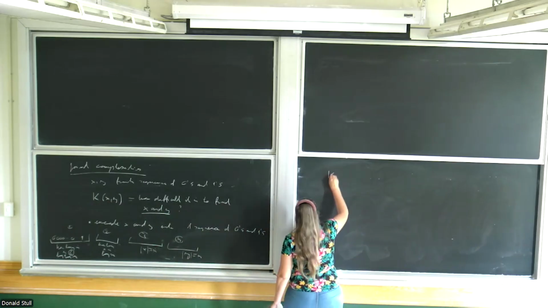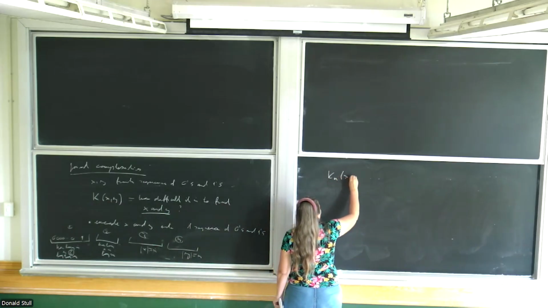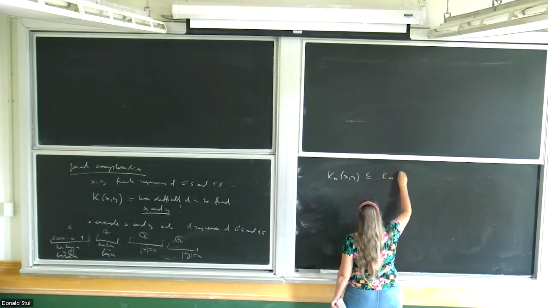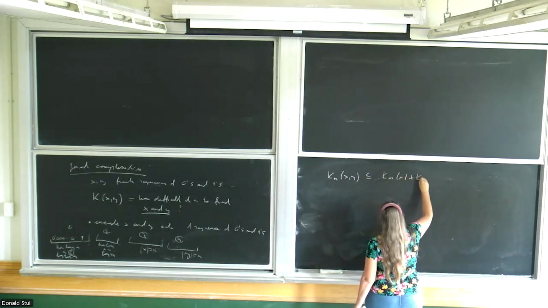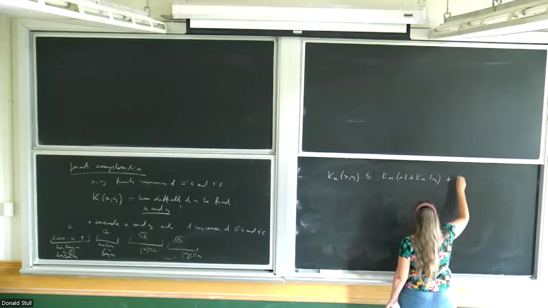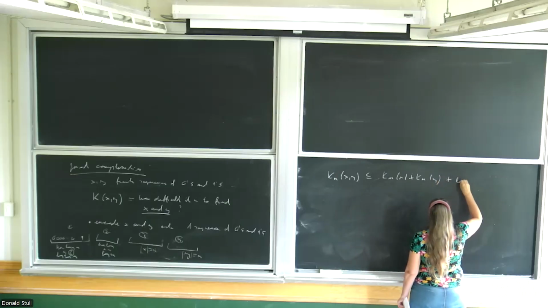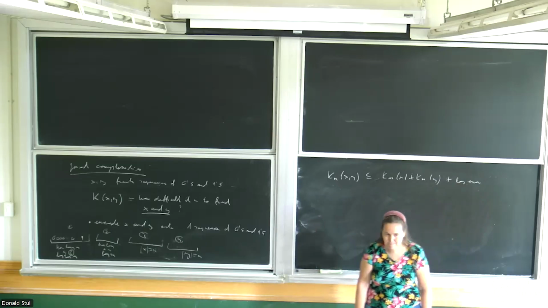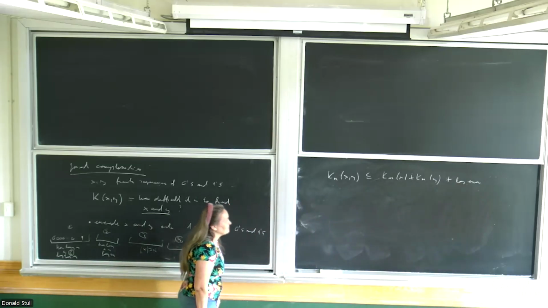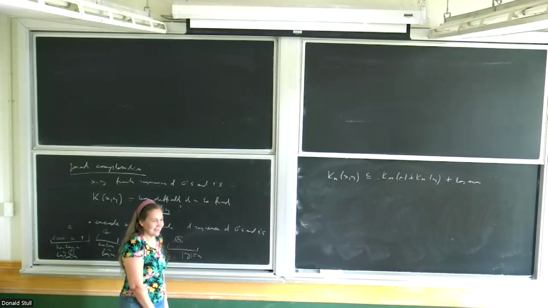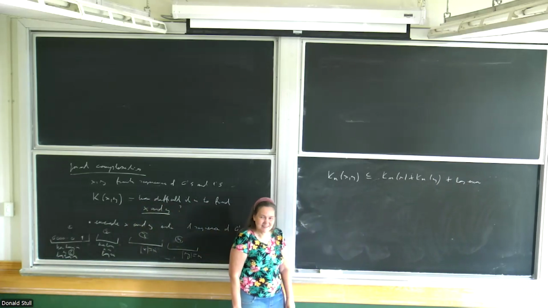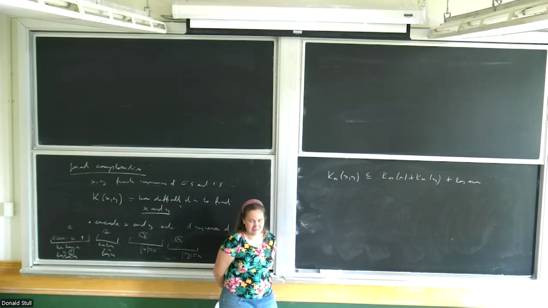So complexity of x and y is bounded above by complexity of x plus complexity of y plus these logarithmic terms, log error. Which everybody would say, of course. I mean, it cannot be more difficult finding x and y than how difficult it is to find x plus how difficult it is to find y.